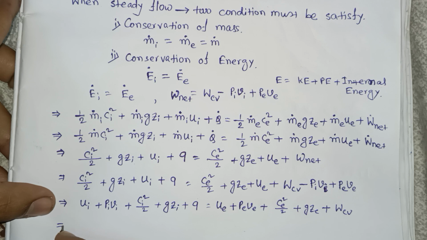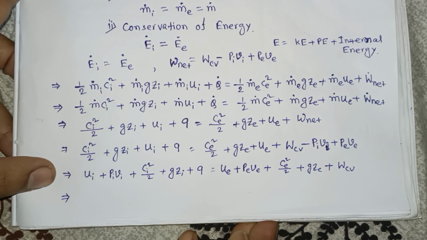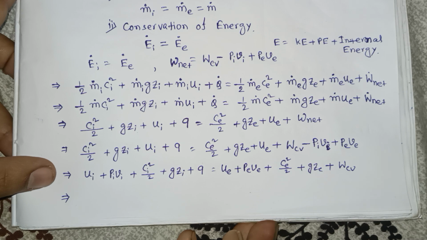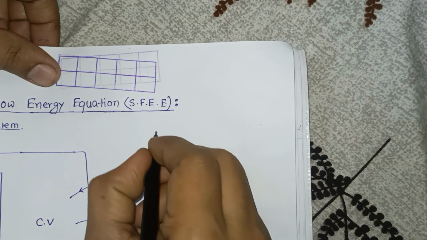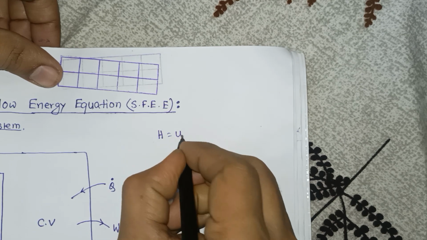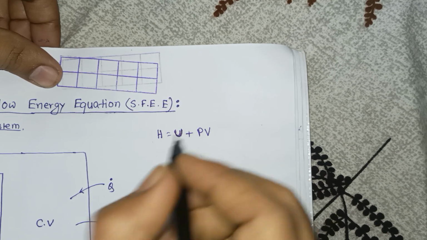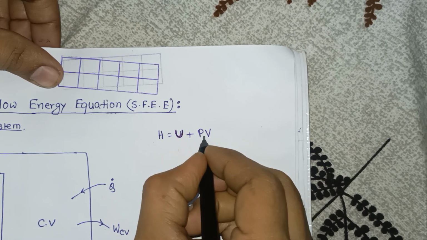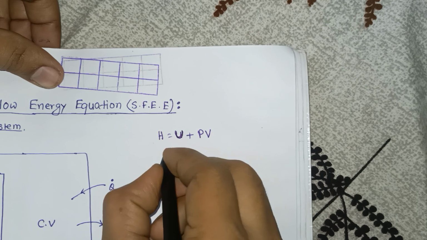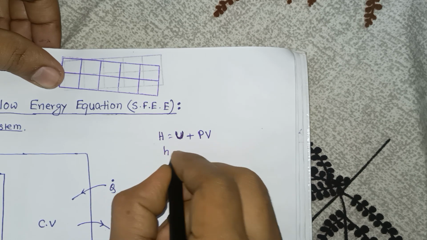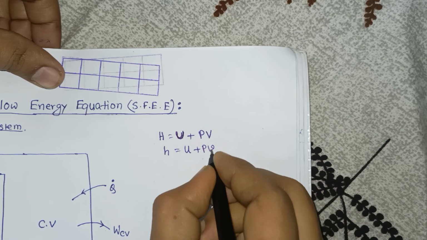You know that U plus PV is the specific enthalpy. We know that enthalpy is equal to internal energy plus pressure into volume. So the specific enthalpy h is equal to small u plus P small v.